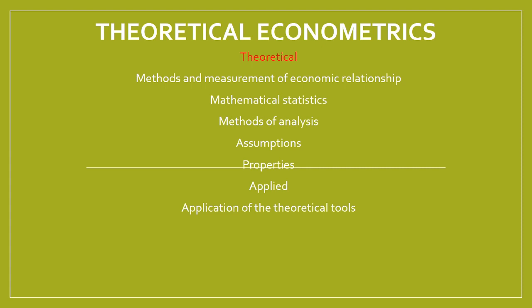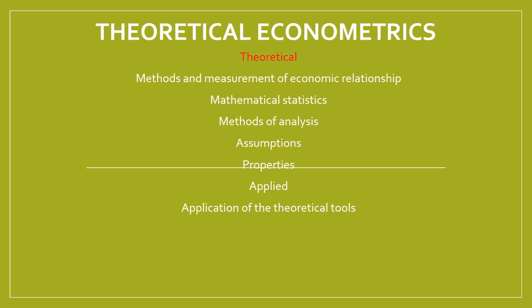So all these components we can see in theoretical econometrics. Whereas in applied econometrics, we use the application of theoretical econometric tools for the analysis. That is the major difference.